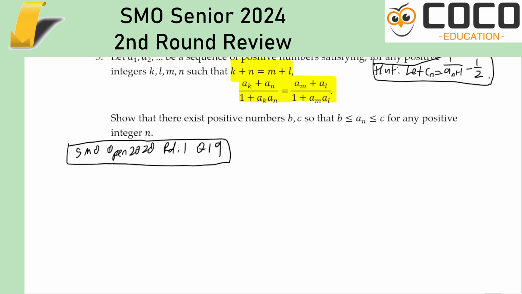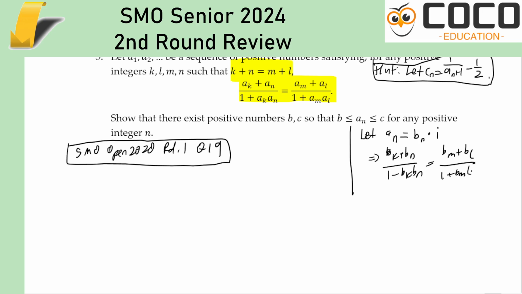Well, what you could do is to actually do a substitution of An equals to Bn times i, where i is your imaginary number, square root of negative 1, and then you have a common factor of i that will cancel out, but you would now have Bk plus Bn over 1 minus Bk Bn.